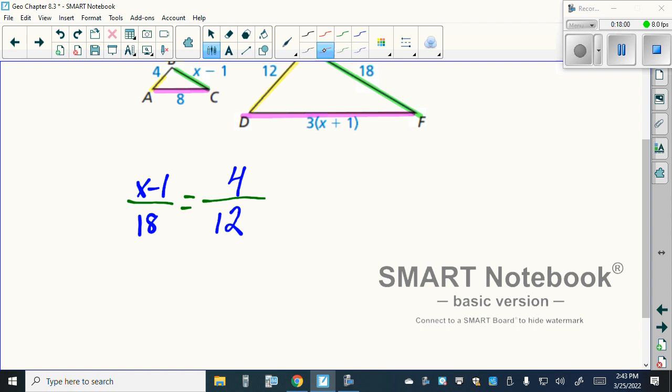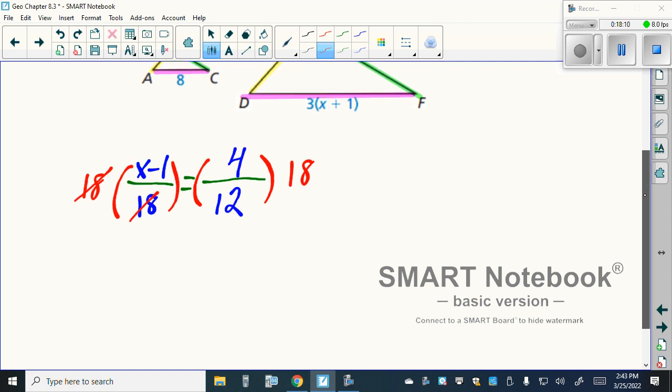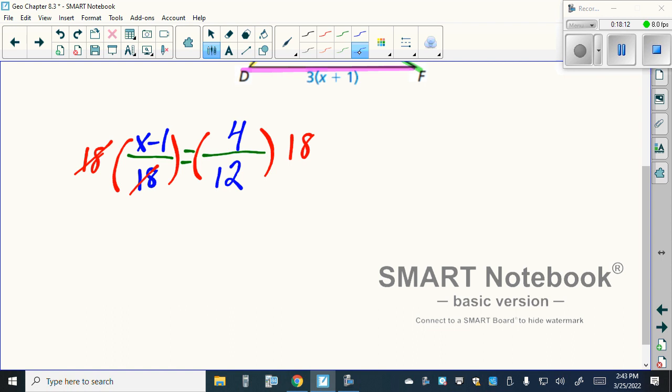Now at this point, we can multiply both sides by 18. Because here the 18 and 18 will cancel out, telling me that x minus 1 is equal to 4 over 12 times 18.